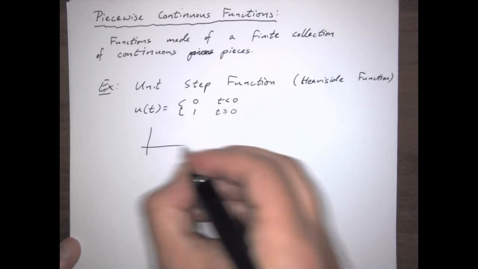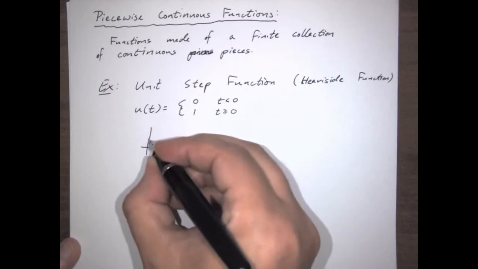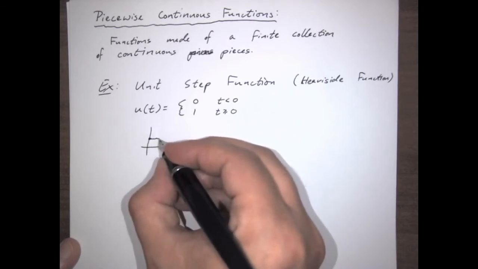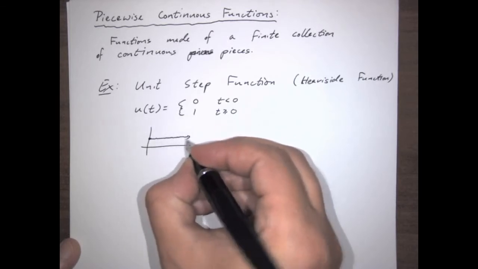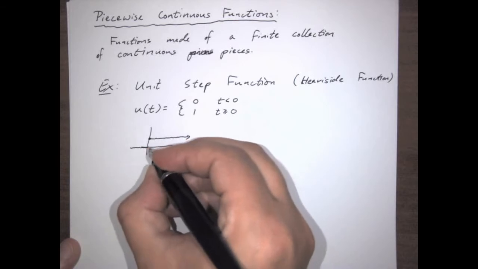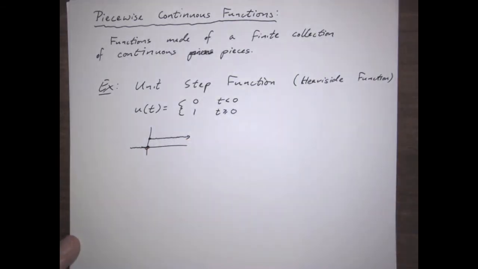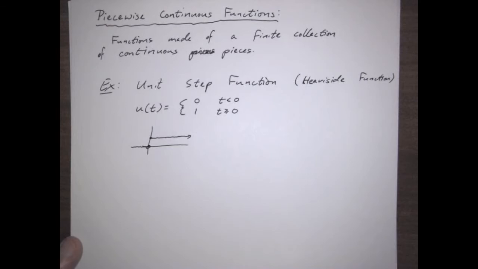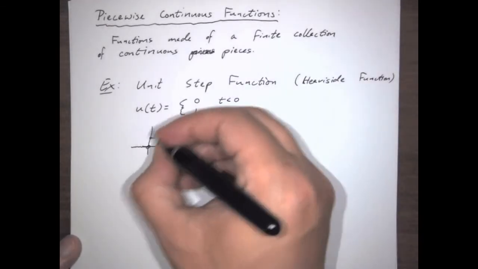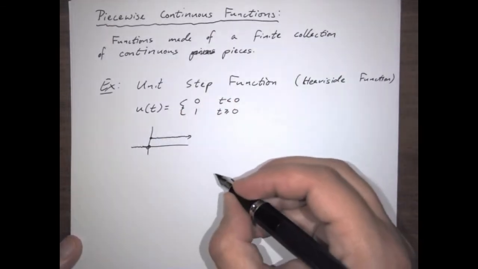So then graphically what this would look like is up until 0, the function's graph is just right along the x-axis, and then after that it's like a switch turns on and it becomes defined, and it becomes equal to 1.